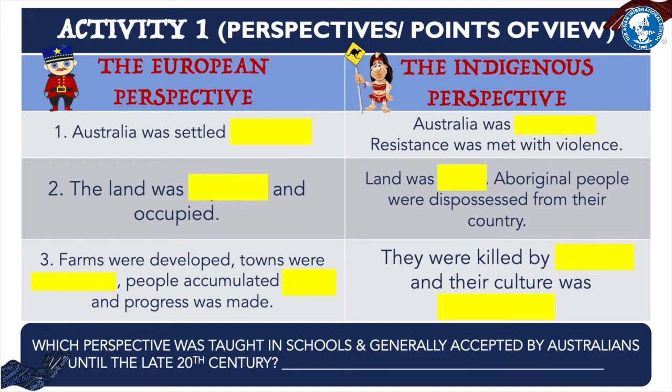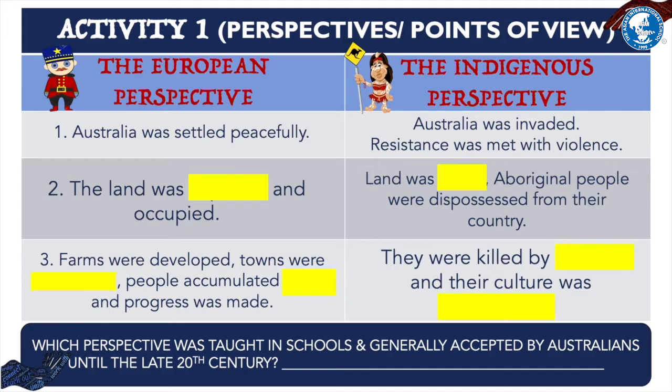Okay, now let's check your answer. So, let's start with the European perspective. So, for Europeans, Australia was settled peacefully. And for the indigenous perspective, Australia was invaded and resistance was met with violence.